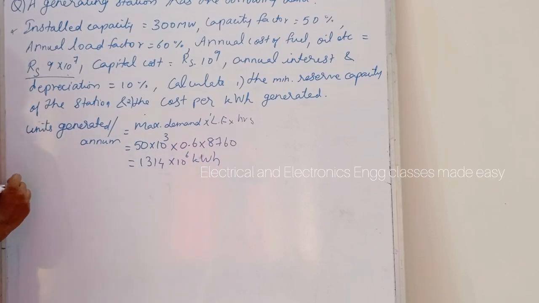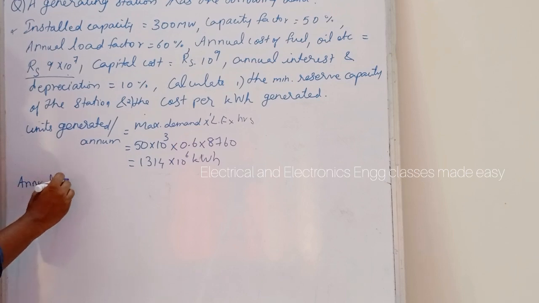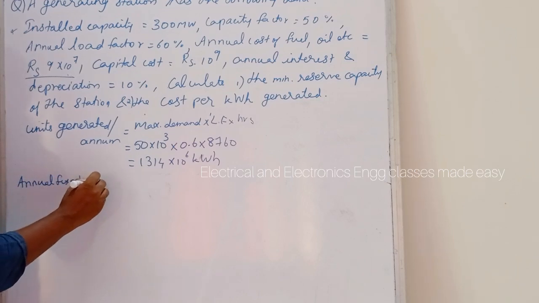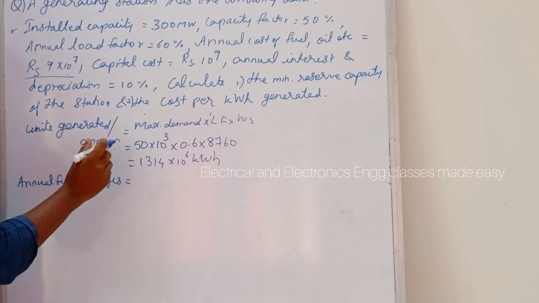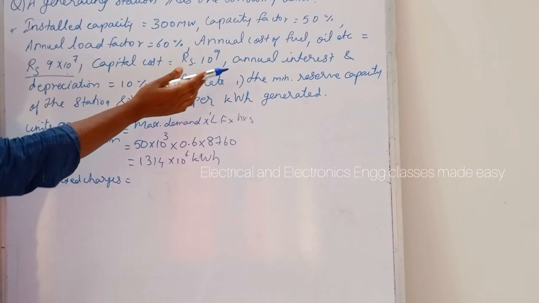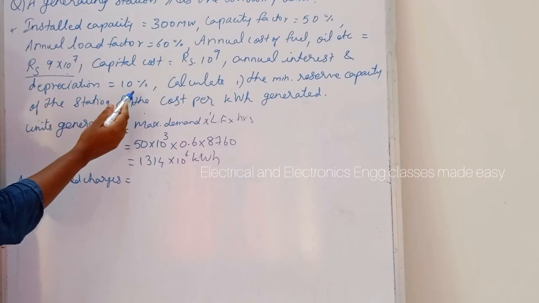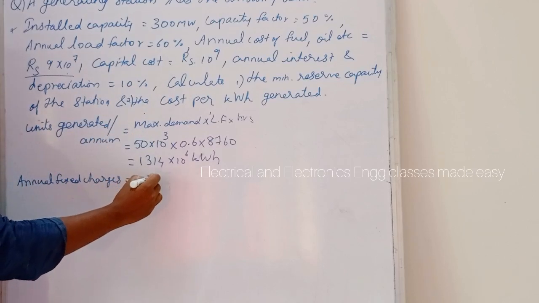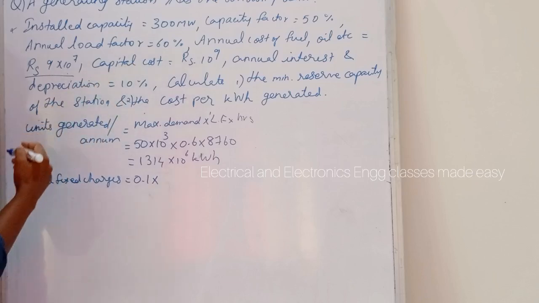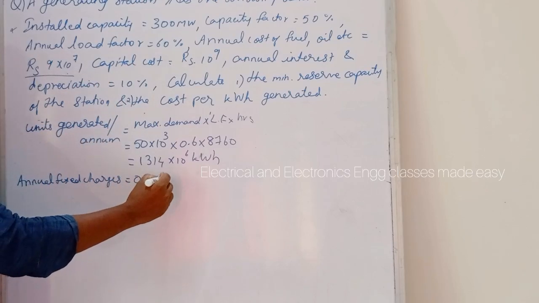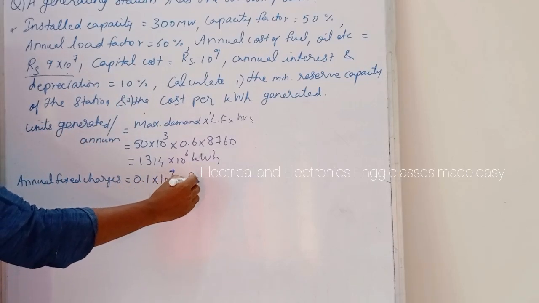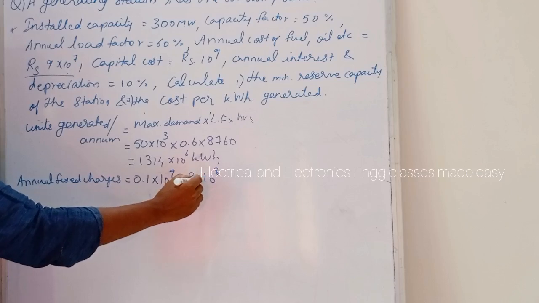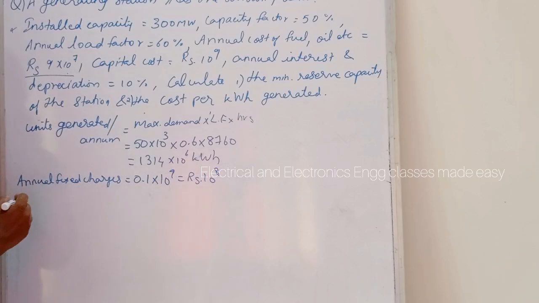Now we have to find the annual fixed charges. So annual fixed charges is equal to, it is given that annual interest and depreciation is 10% of the capital cost. So 0.1 into 10 raised to 9, that is equal to rupees 10 raised to 8. Then we have to find the annual running charges.